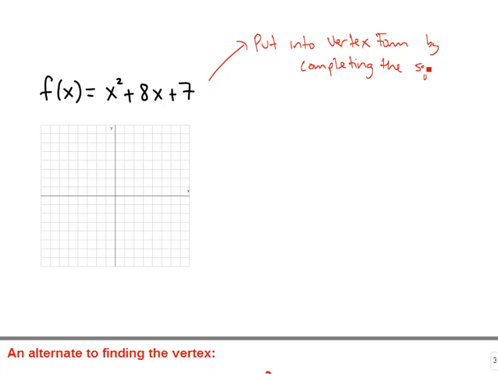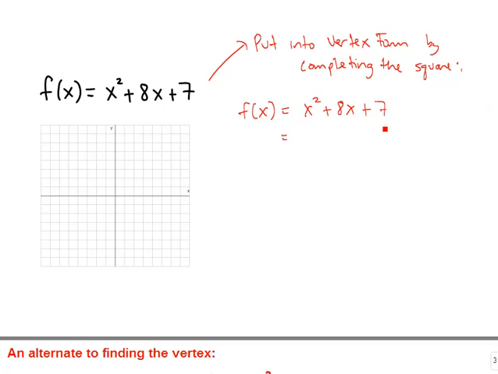So in this example, what we're going to do to complete the square is take our function, which was x squared plus 8x plus 7. Normally, when we solved equations by completing the square, we took our constant and put it on the other side of the equation.